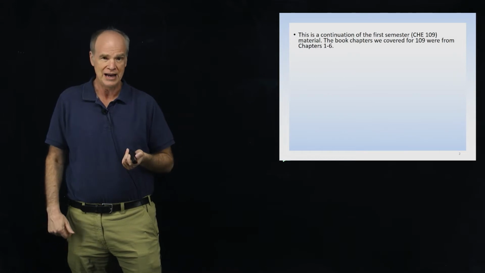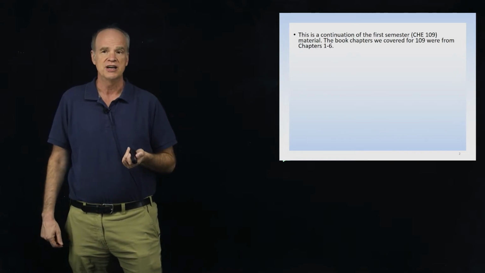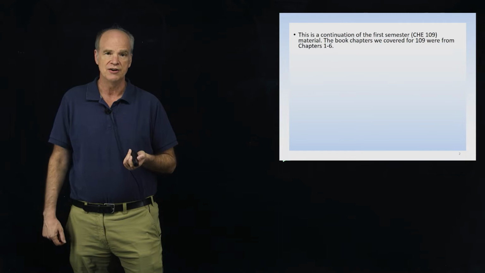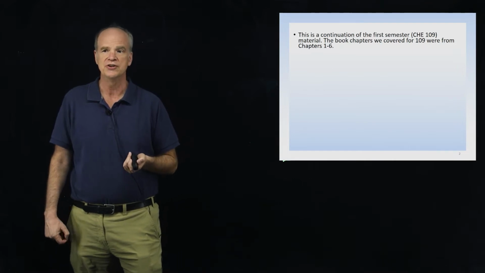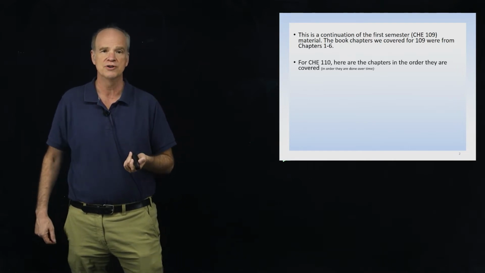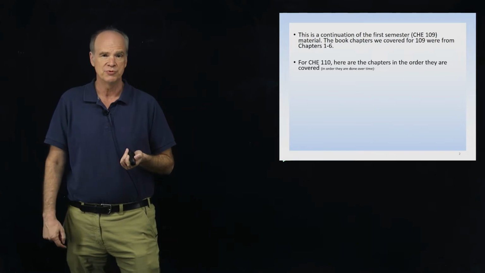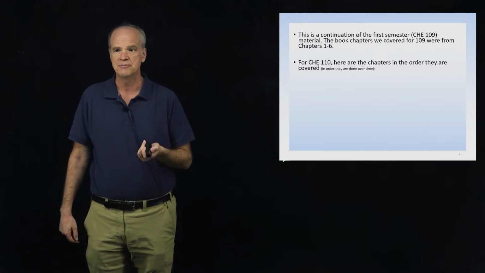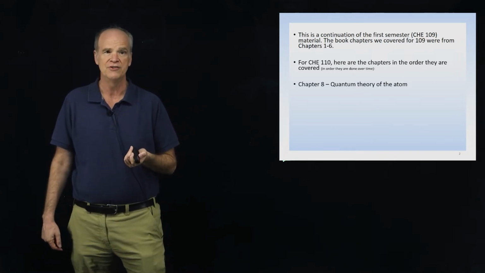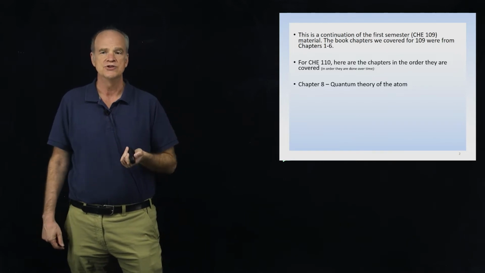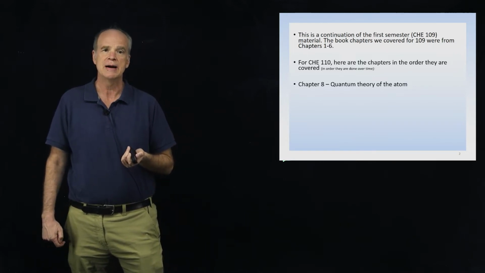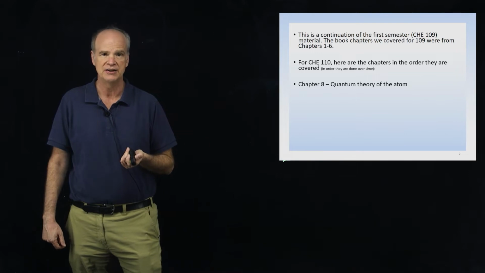So the last semester you took, Chem 109, we covered chapters 1 through 6 in the book. Now we're not going to start off immediately with chapter 7. We'll start off instead with chapter 8, which is the quantum theory of the atom, which describes where electrons can be found in atoms.